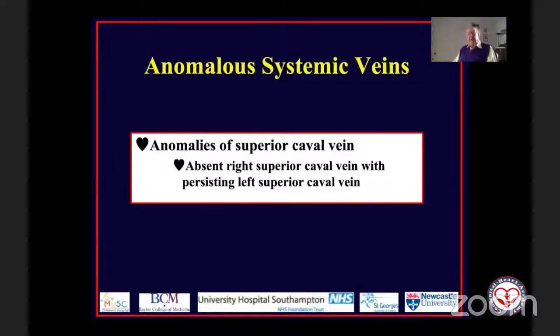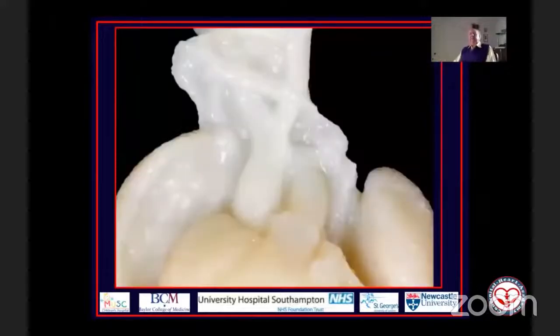We can also have anomalies of the right superior caval vein, and of those, perhaps the most frequent is for the right superior caval vein to be absent, but in the presence of the persisting left superior caval vein. And that brings us again to the situation of connections versus drainage.